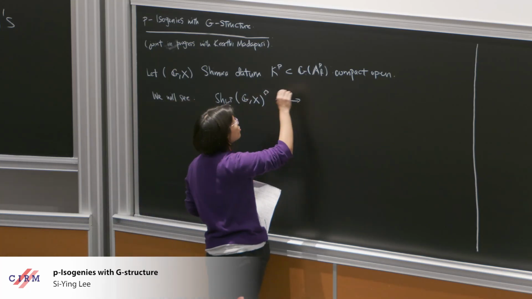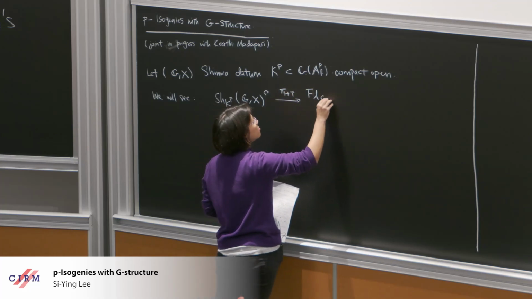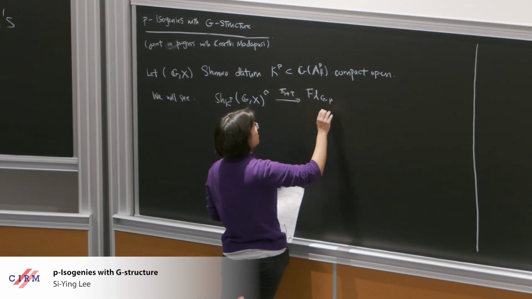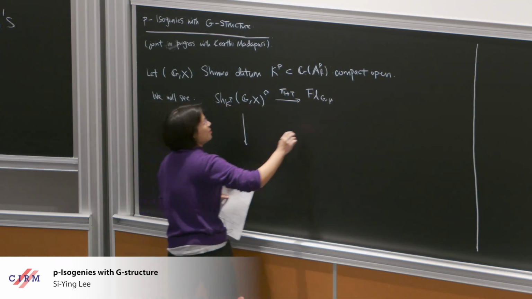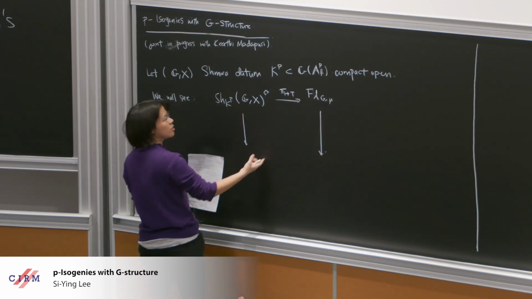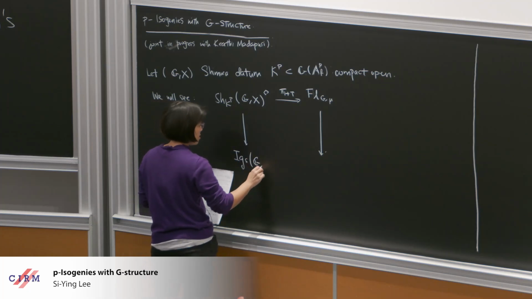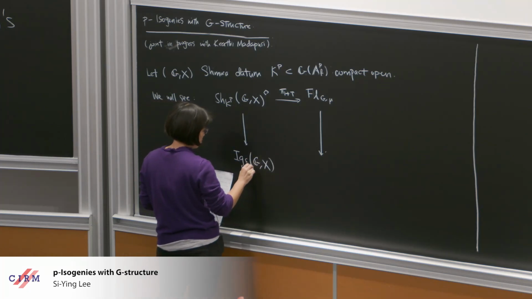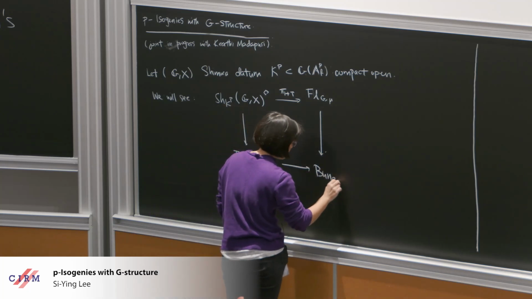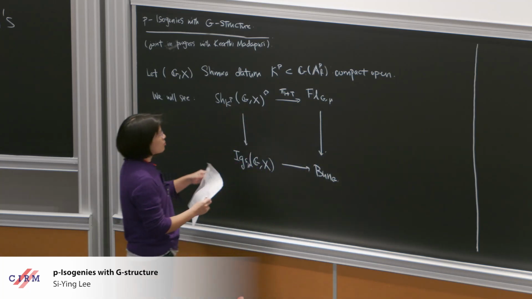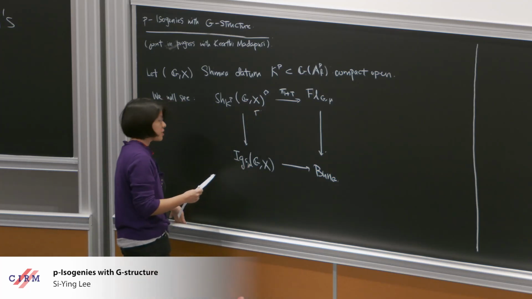There's the Hodge-Tate period map to the flag variety, let's say G mu. And it fits into this Cartesian diagram that she'll explain, with X_{G,Kp} and Bun_G. She'll explain this setup more tomorrow.